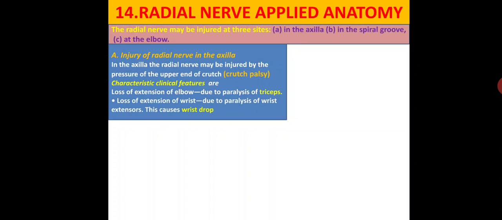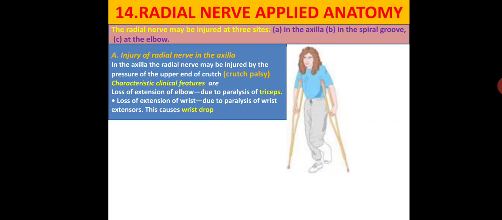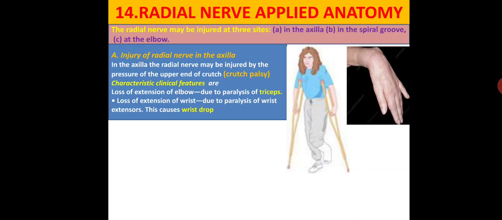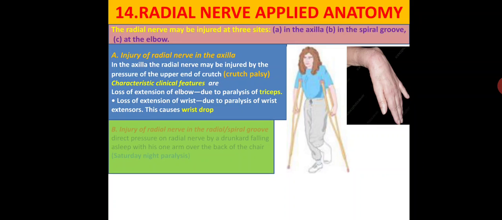Triceps muscle paralysis causes loss of extension of the elbow, and loss of extension at the wrist causes wrist drop. In this image you can see the pressure from the crutch at the axillary region, and these are the clinical symptoms. This is the image of wrist drop.